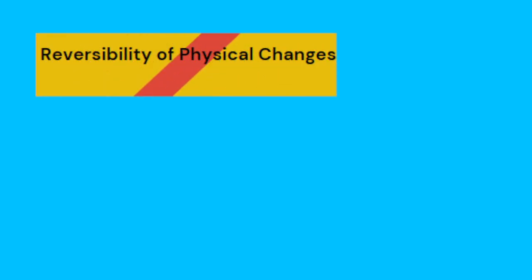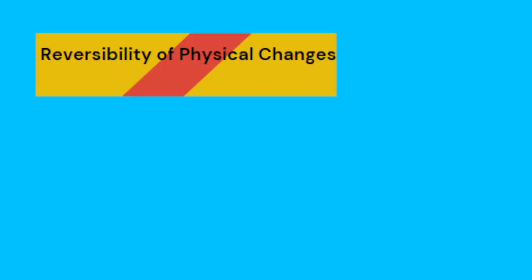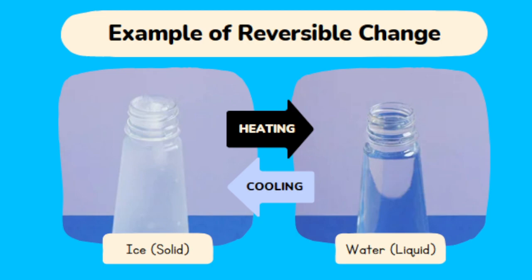Next, I take reversibility of physical changes. To understand better, take the example of ice. When we heat it, it changes into water. When we cool it, the water changes back into solid. So this is also an example of reversible changes.